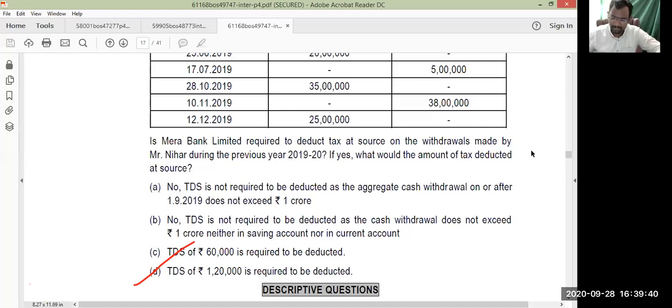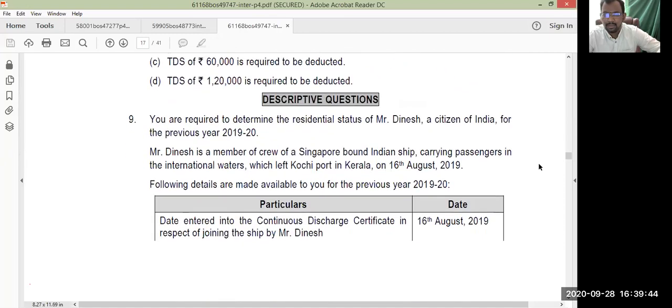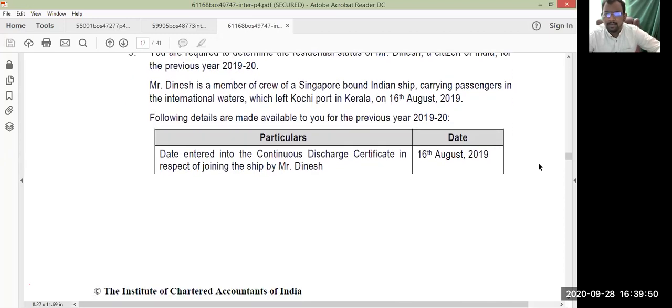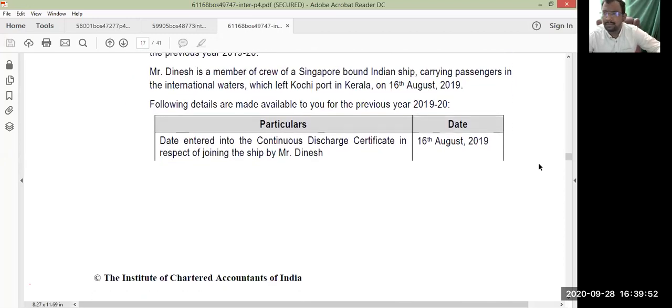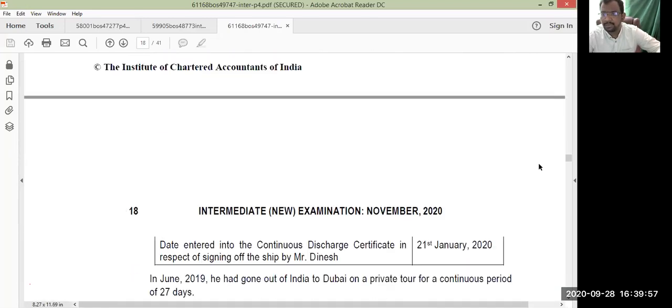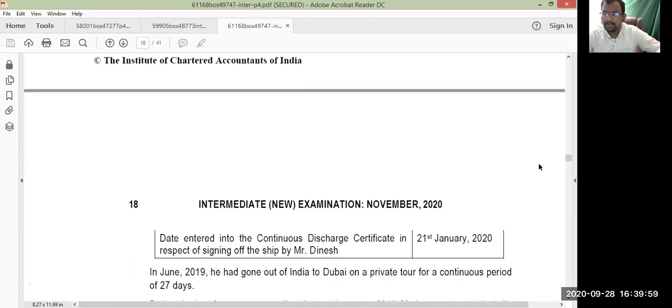Okay, next, here comes the descriptive questions. First one is determining the residential status. Whatever the time limit entered into the continuous discharge certificate, in this question from 16th of August 2019 to 21st of January 2020, that time period should be treated as a stay outside India.